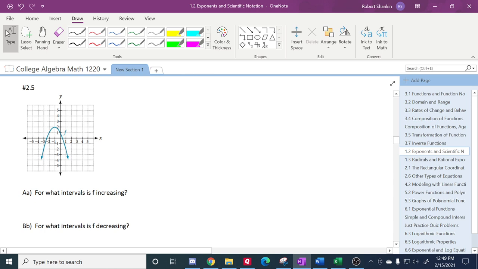For what intervals is f increasing and decreasing? Okay, 30 seconds more.